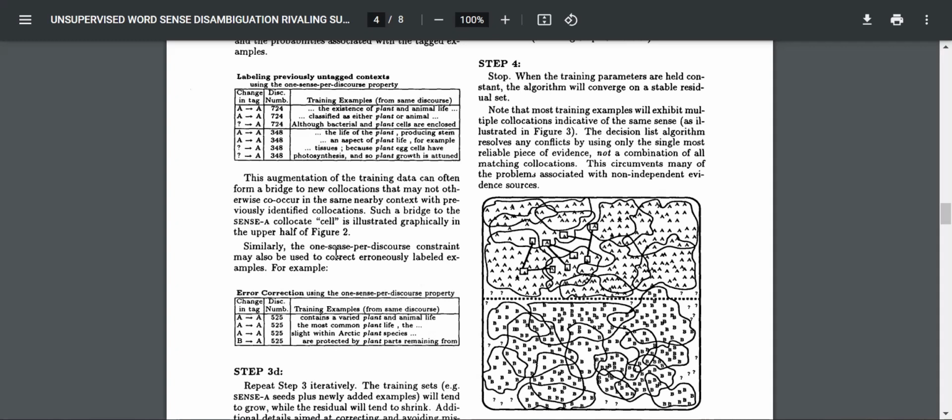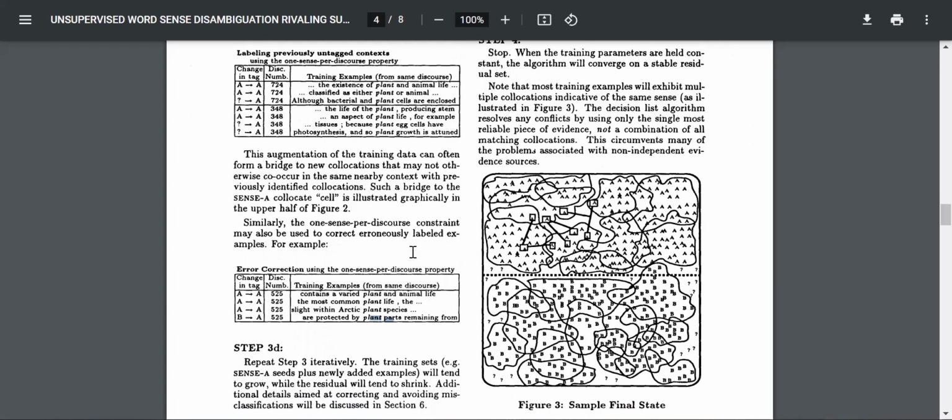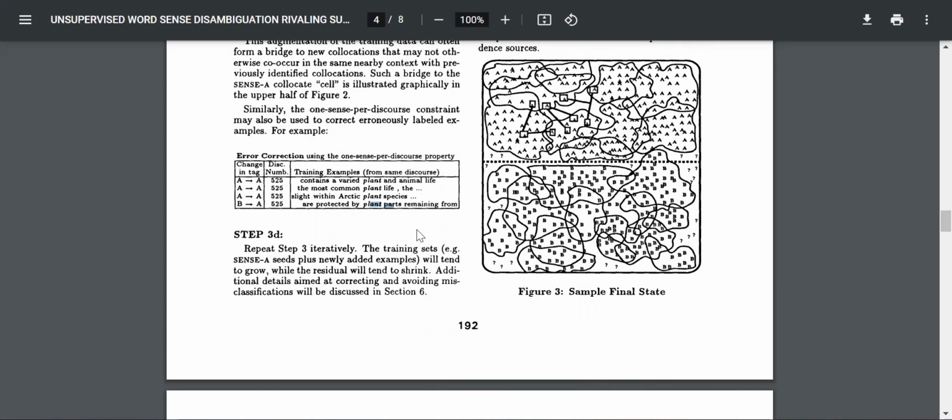Similarly, the one-sense-per-discourse constraint may also be used to correct erroneously labeled examples. If there are multiple senses and, basically, "plant parts" occurs here, it might tell the classifier that this is indicative of sense B, because plant parts might refer to the parts of a nuclear power plant.